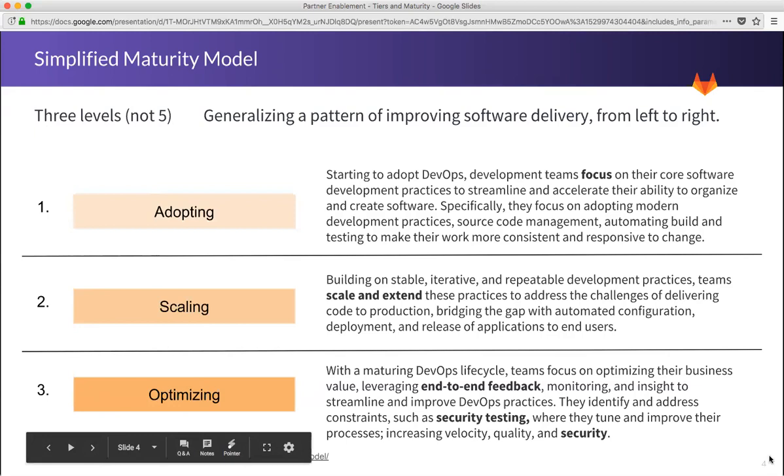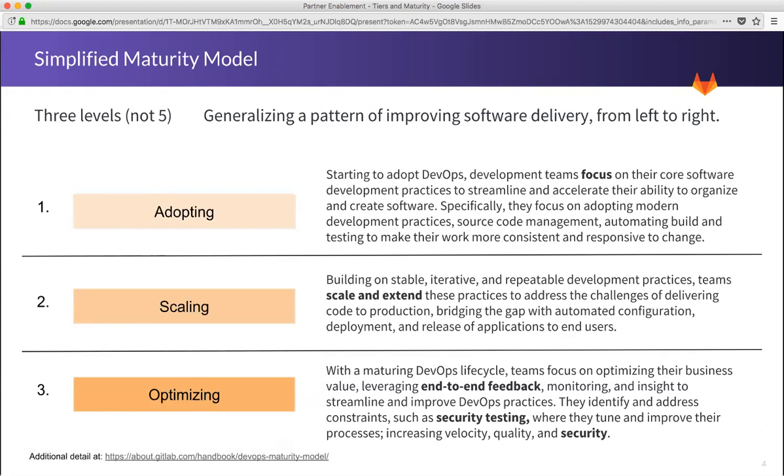And then optimizing is when an organization is able to effectively create the software and deliver it to the customer, and they can do that consistently. But now they're looking to optimize, maximize their return on investment for all of this DevOps work.